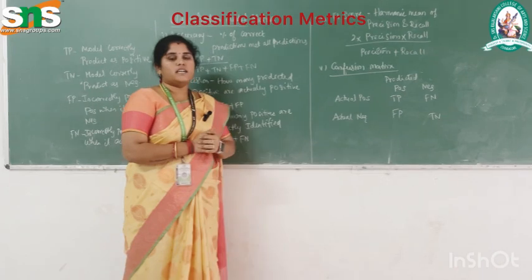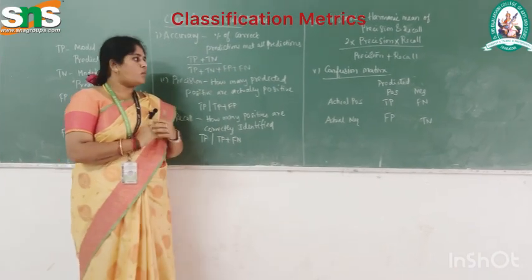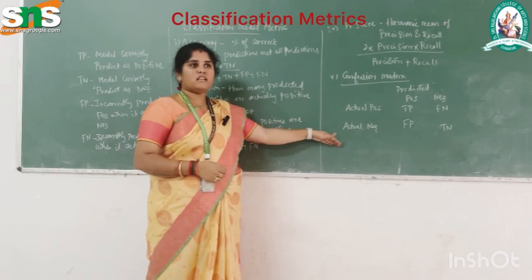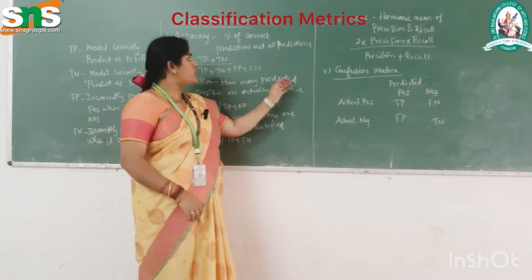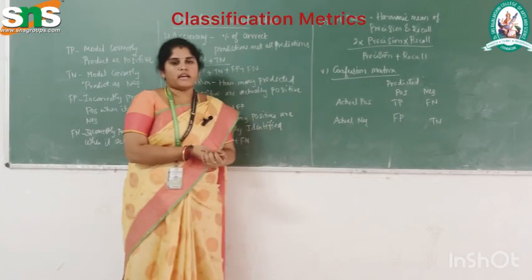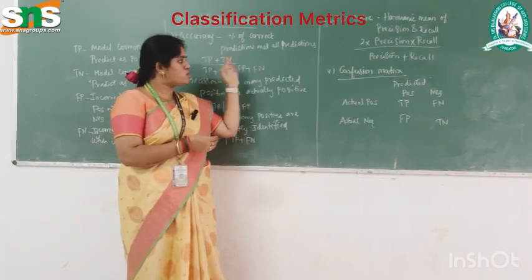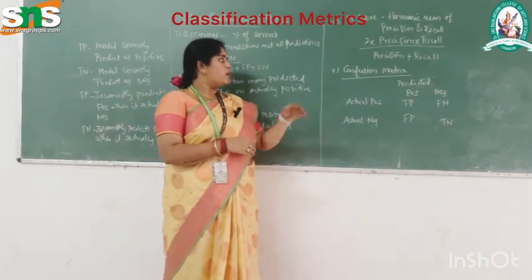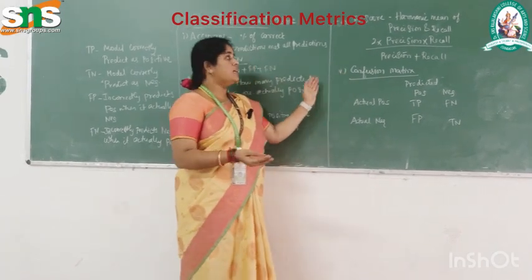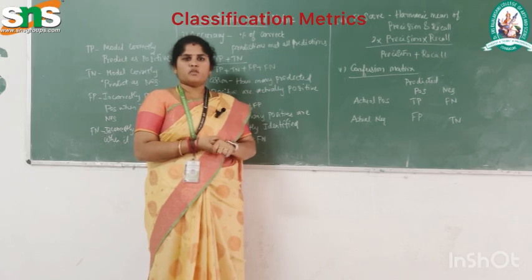The final one is the confusion matrix. It brings together all of these things. From the confusion matrix, I can calculate these metrics. Is it possible? Yes.